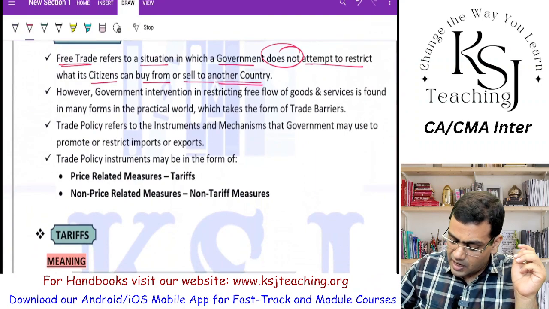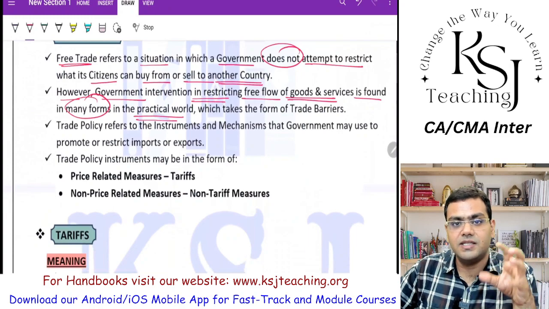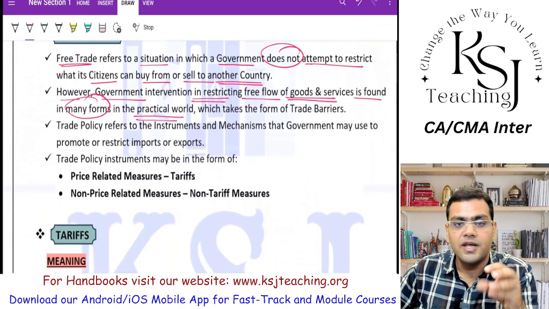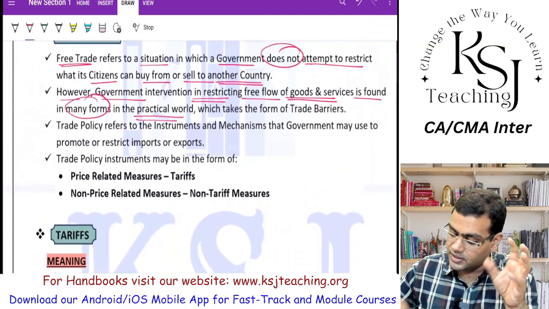However, the government intervention in restricting the free flow of goods and services is found in many forms in the practical world. So in the practical world, this free trade situation doesn't exist. There will be some sort of government intervention in all the cases, right?